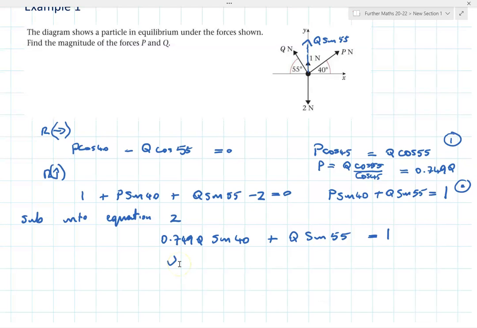If I take Q out as a factor there, 0.749 times sine 40 comes to 0.841 to 3 significant figures. But again, I've stored all this on the calculator. Plus sine 55, which comes to 4 significant figures 0.819, equals 1. So that gives me Q equals 0.769 newtons.